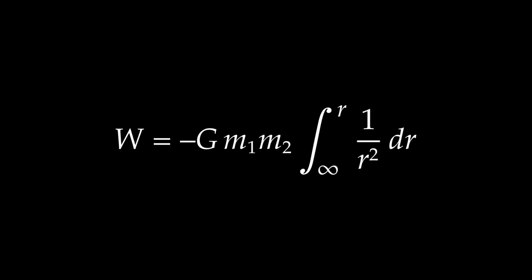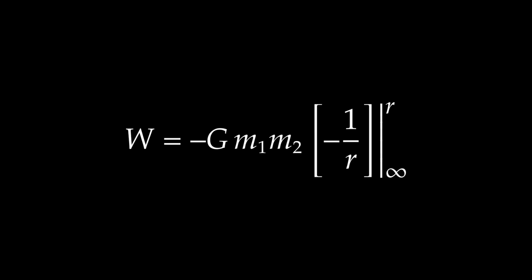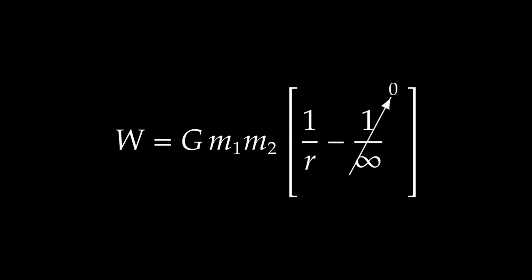Well, we all know that the integral of 1 over r squared is negative 1 over r. The negative generated by that integration is going to cancel the negative sign out in front, so that G m1 m2 times 1 over r is evaluated from infinity to r. So I have to evaluate those limits.